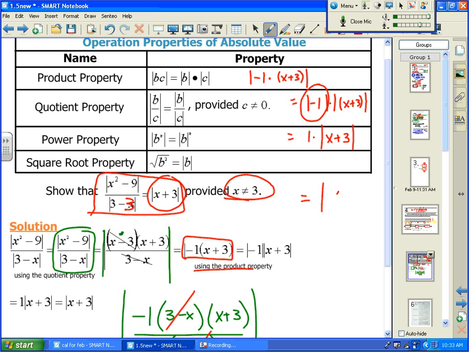Positive 1 times that is simply equal to x plus 3, which QED does to our right-hand side. Okay, so this is a question where you're manipulating your products, the properties, a little bit of the quotient properties, and coming up with a proof that that's equal to the absolute value bracket of x plus 3.